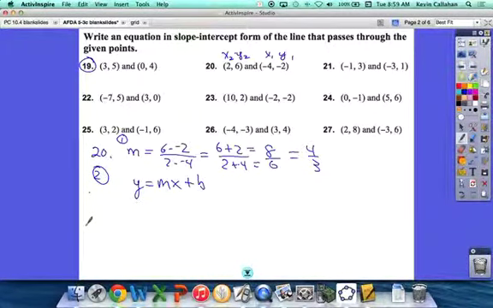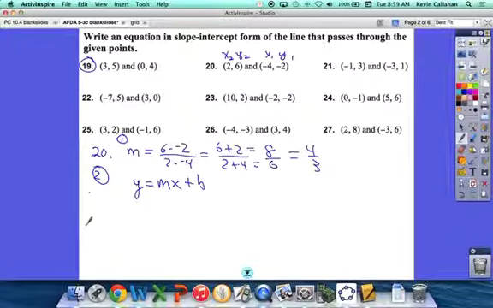How can I use the slope to find the b? Yeah, plug in the slope for m. That's why you calculated the slope. And then use one of these points. It does not matter which one, for the x and the y. And then you can solve for the b.